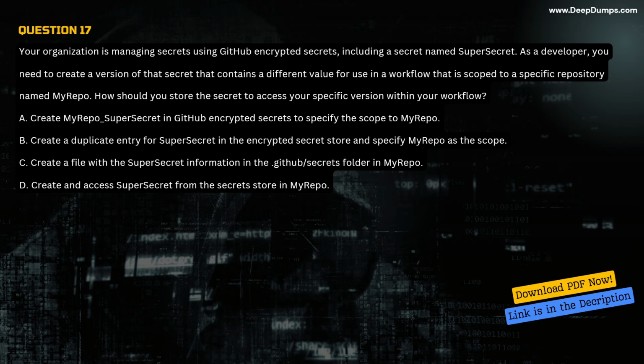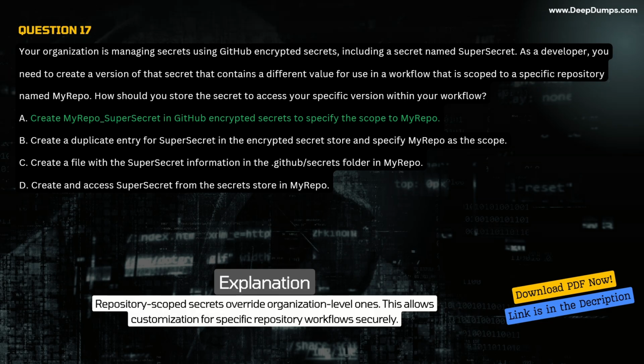D. Create and access supersecret from the secrets store in myrepo. Correct answer A. Create myrepo_supersecret in GitHub encrypted secrets to specify the scope to myrepo. Explanation. Repository scope secrets override organization level ones. This allows customization for specific repository workflows securely.